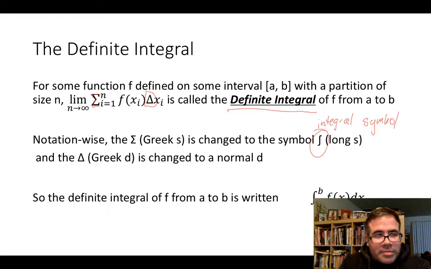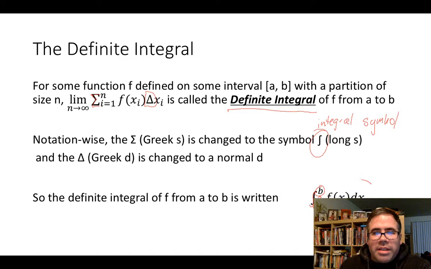So when we want to say the definite integral of f from a to b, we write it this way. This is the definite integral from the starting to the finishing. So you always go from bottom to top. So from a to b of f of x dx. And this is how we write the definite integral.